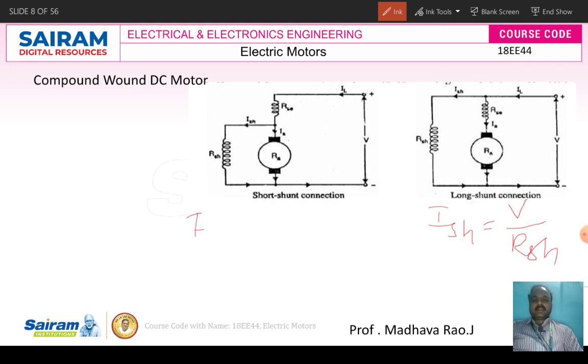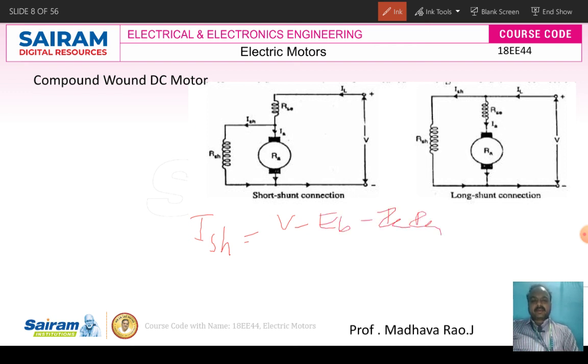In this, the shunt field current ISH is equal to V minus EB minus IA RA, divided by RSH. So these are the important relations. We have to remember them, as we will use these relations while doing problems. Okay, and we will move to the next one.